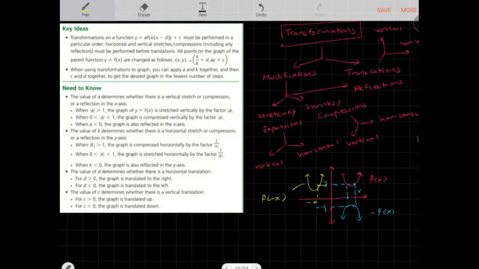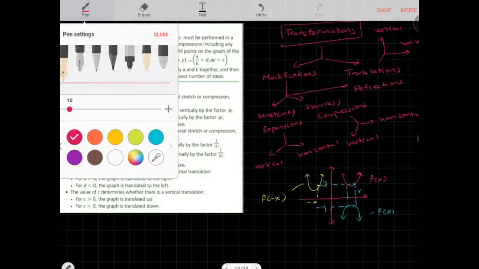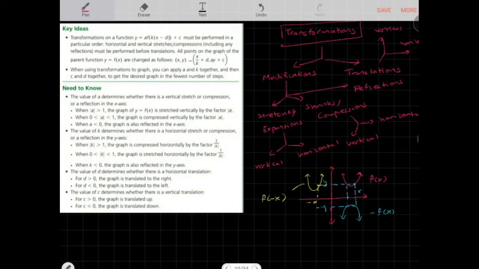What we need to look at right now is a functional method of demonstrating transformation. We want to look at g of x as a transform function, and f of x as a parent function. So we're transforming f of x into g of x. It doesn't matter what functions you use to be the parent and the transform function.